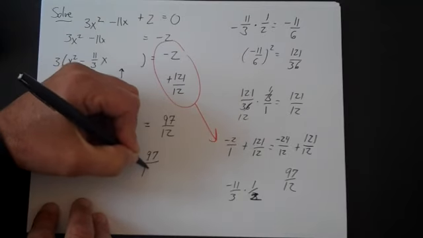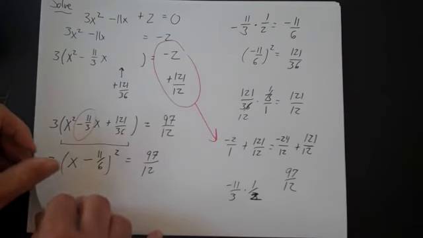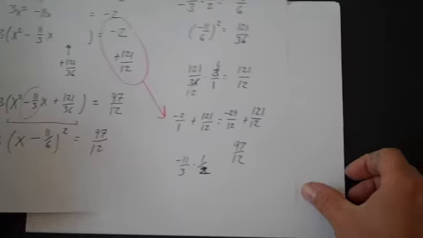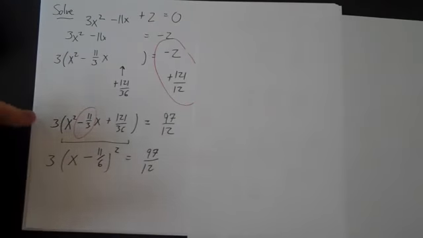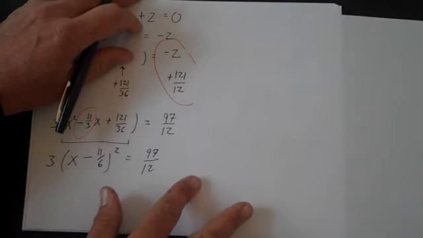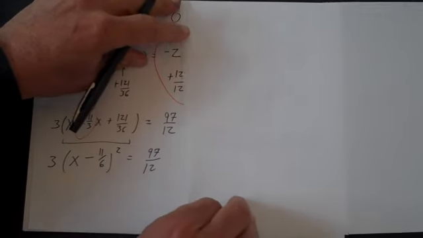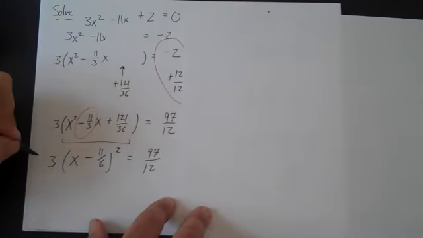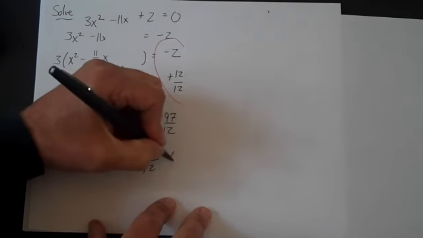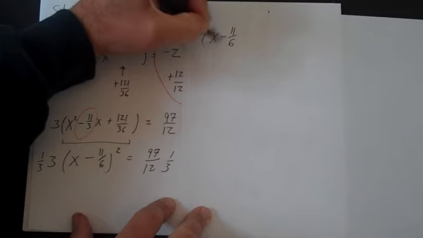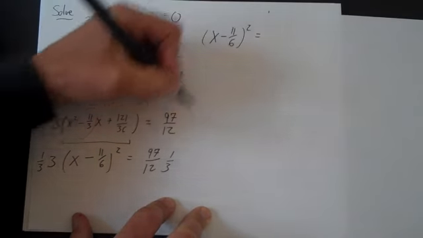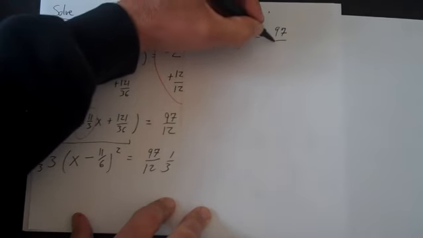So sometimes a problem that looks really hard is not too hard. Now what we're going to do is divide both sides by 3, or rather than dividing by 3, we can multiply by 1/3. And we get x minus 11 sixths squared is equal to 97 over 36.